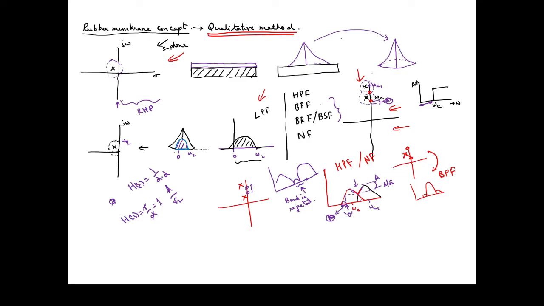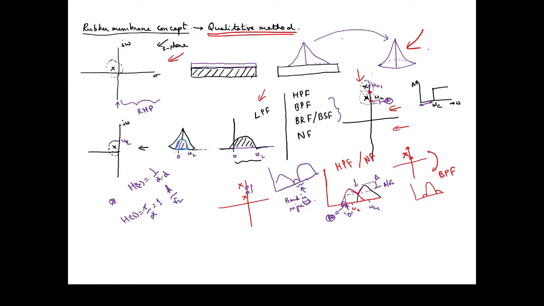Now if you place a stick just beneath the rubber membrane, suppose this is the rubber membrane and I have inserted the stick just like that, what will happen? You will have a cone like this.